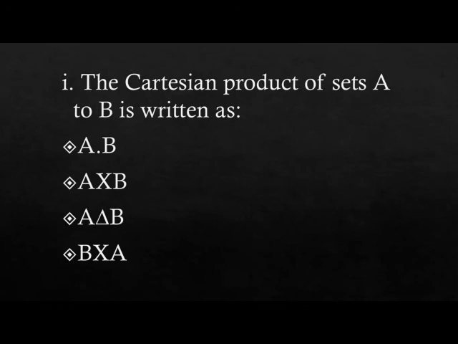The Cartesian product of sets A to B is written as A dot B, A cross B, A delta B, or B cross A. There is a hint for you: we have been asked A to B, but not B to A. So you are well aware that A to B is the Cartesian product where the first elements of all the ordered pairs belong to set A, and the second components of all the ordered pairs belong to the set B. There are 4 choices and you have to solve it in your copy.